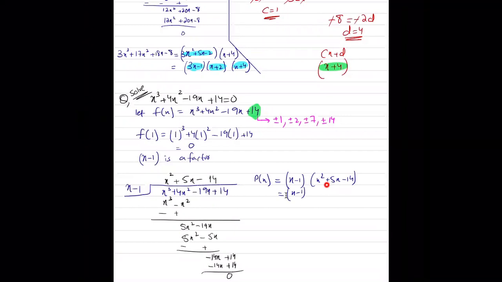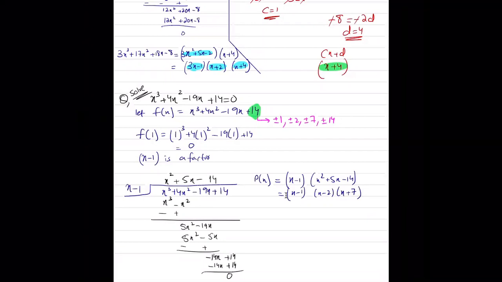If this was not a reducible quadratic expression, then you might not get the two linear factors. In this case, it can factorize. So give me the two linear factors of x squared plus 5x minus 14. x minus 2 and x plus 7.